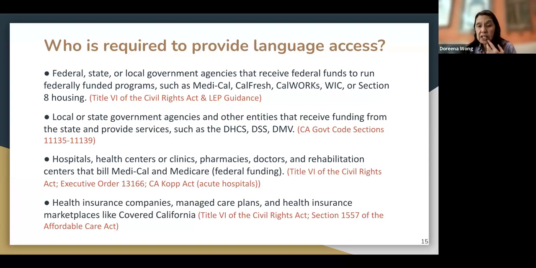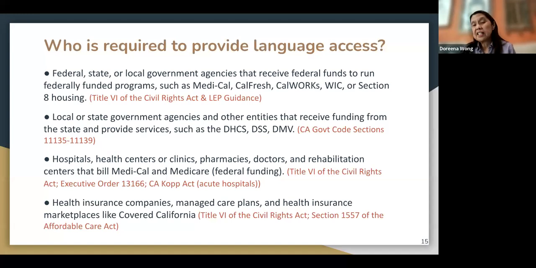Now, in California, we have some specific requirements because the state has long recognized the importance of providing language assistance services, and specifically addressing access for LEP individuals. So we have a government code section that is also a similar anti-discrimination statute, similar to Title VI.